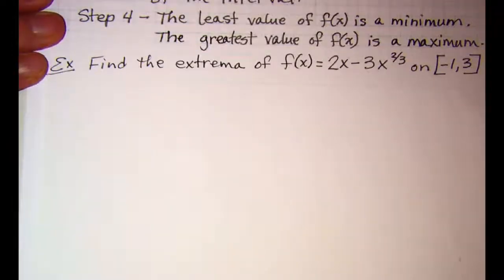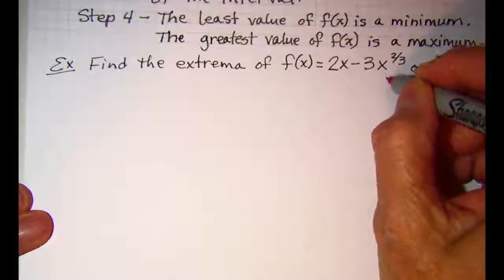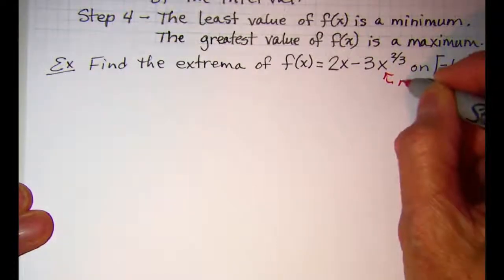The example that we'll be doing is find the extrema of f of x equals 2x minus 3x to the 2/3 on the closed interval from -1 to 3. Notice that this is not a polynomial.